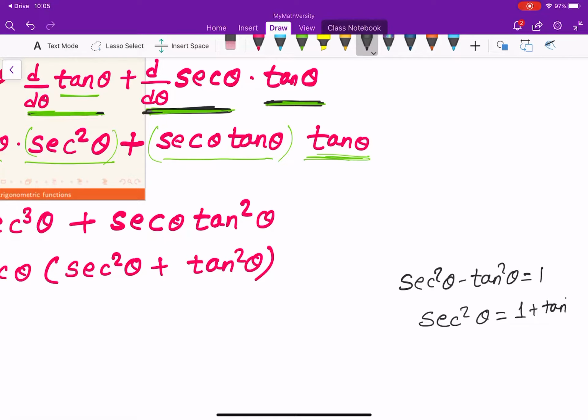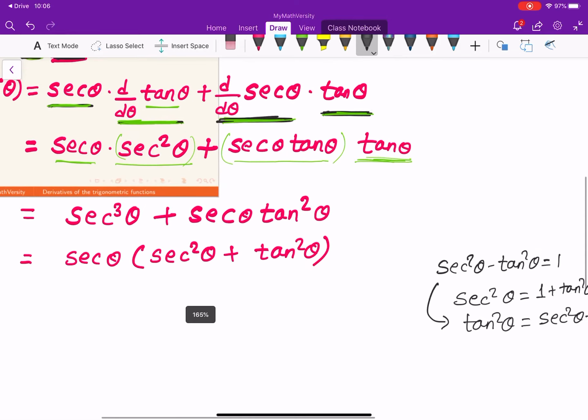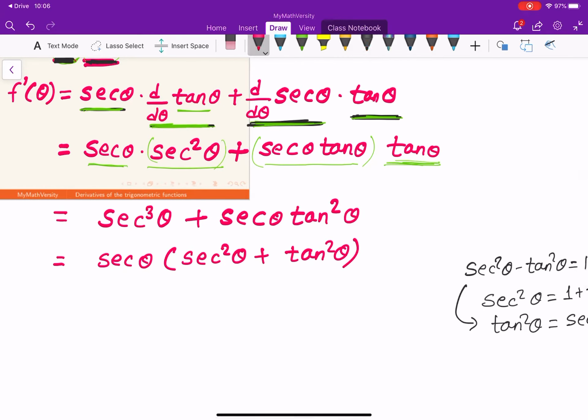So instead of secant square theta, we can write 1 plus tangent square theta. Or if we want to solve for tangent square theta, we get secant square theta minus 1. If you add tangent square theta on both sides and subtract 1 on both sides, that's what we get. So if you want to use those trig identities and write the answer in some other alternative form, you can do that.